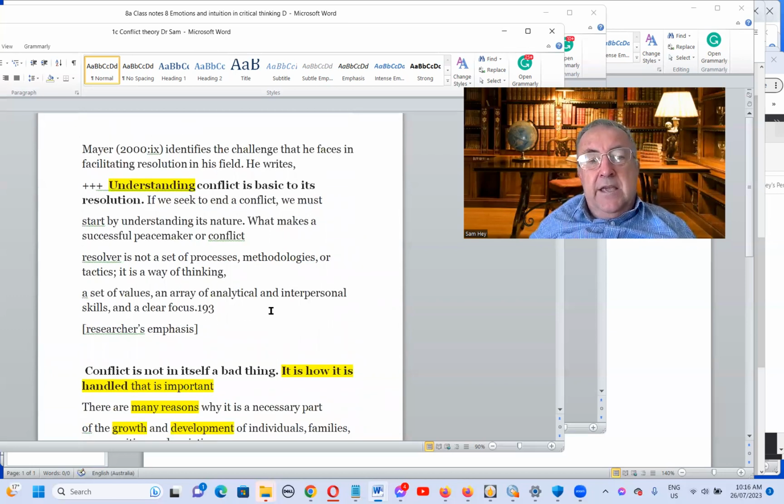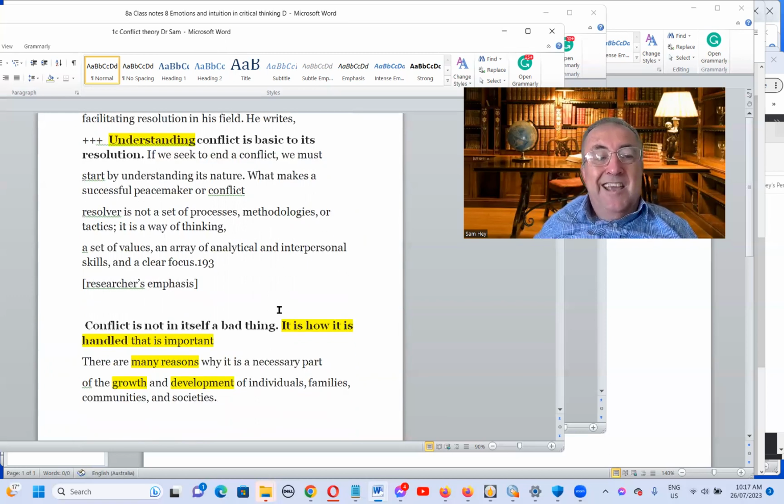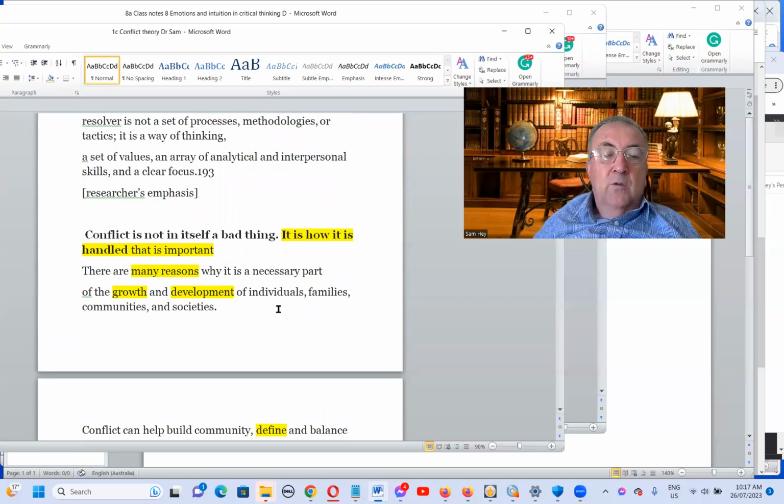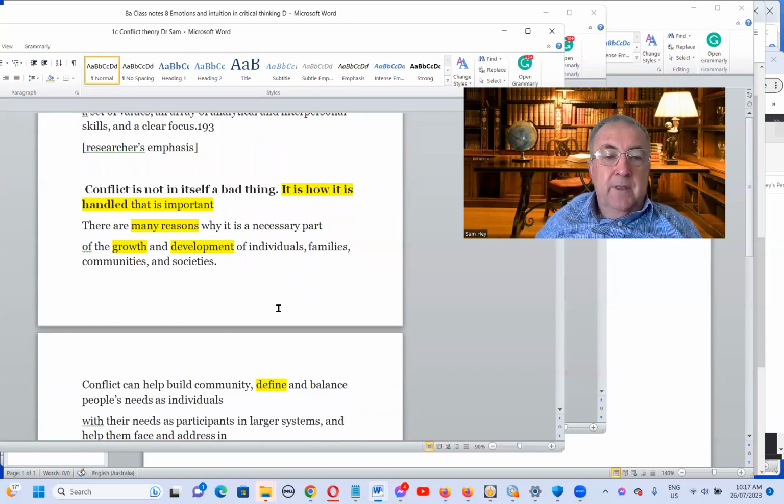Understanding conflict is basic to the resolution of conflict. So one of the first steps is to listen to the other and listen to the perspectives that they put forward and to show that you're listening, and then to go further and to show that you understand their perspective and what they're saying, and then to seek towards a mutually agreed resolution and midpoint.